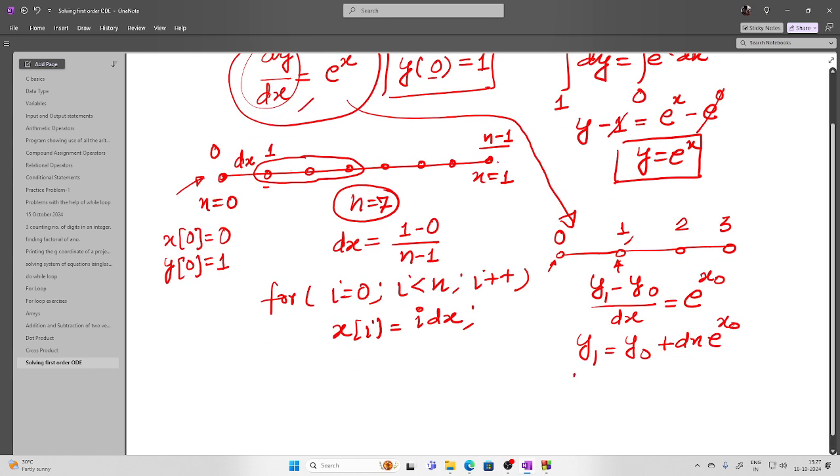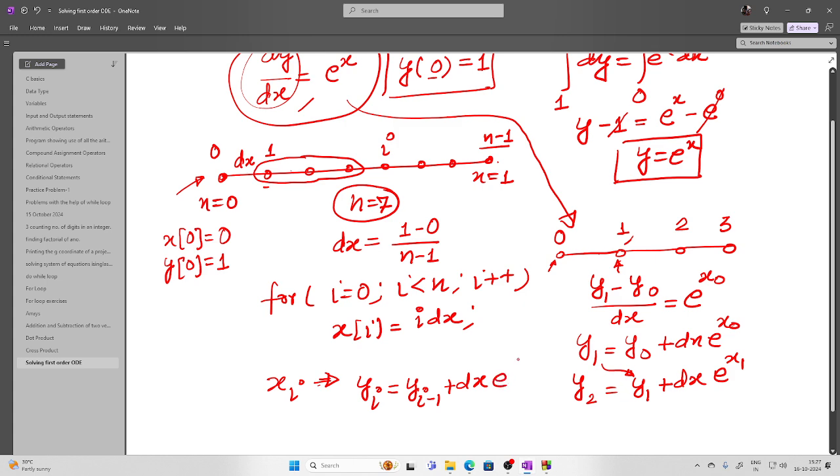In a similar manner, what can I write about y2? y2 will be y1 plus dx e to the power x1, because y1 I know, so I can plug it in here. Therefore the general expression for any ith node will be yi is equal to yi minus 1 plus dx times e to the power xi minus 1.